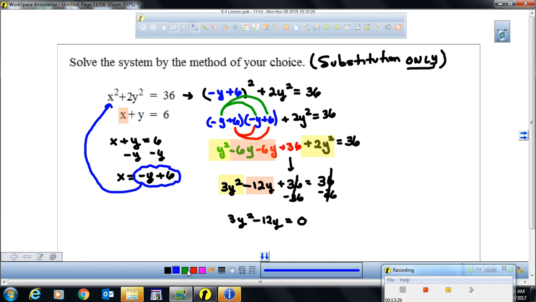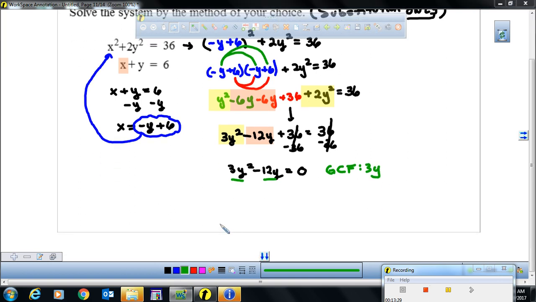So we can factor with the greatest common factor again, because both of these can be divided by 3 and by y. So we're going to take out the 3y from these two terms, and that leaves us with y minus 4 inside of the other parentheses, equal to 0, so you get y equals 0 for this one, and y equals 4 for this one.